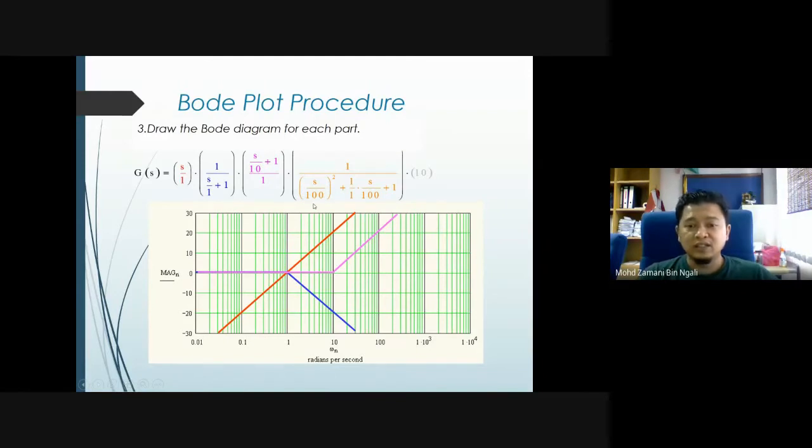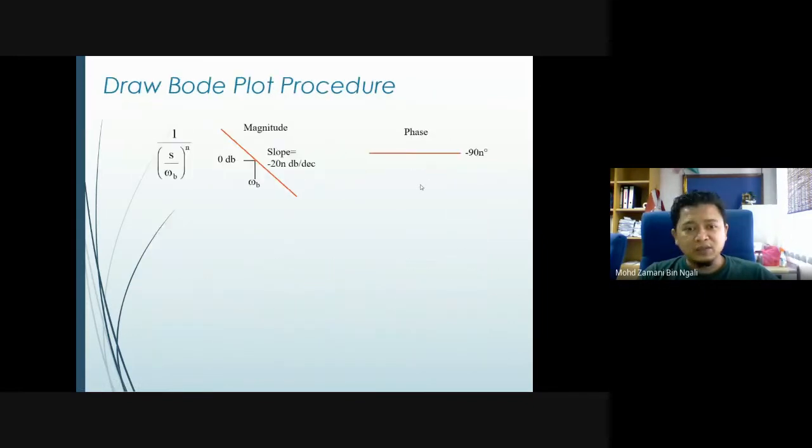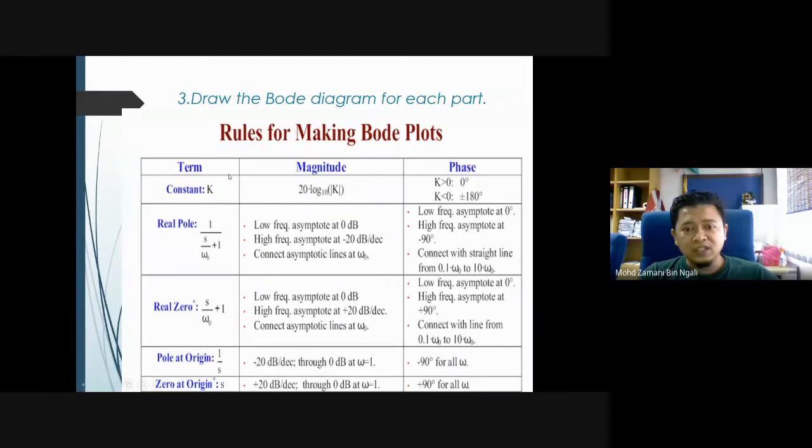So this is the orange color. It starts from 0. When it reaches 100, it goes down. But see, the slope is not only 20 decibel per decade, it is negative 40 decibel per decade. And remember, we have another constant here, a constant of 10. If you look back at our rule just now, for a constant, we need to have a straight line of 20 log k.